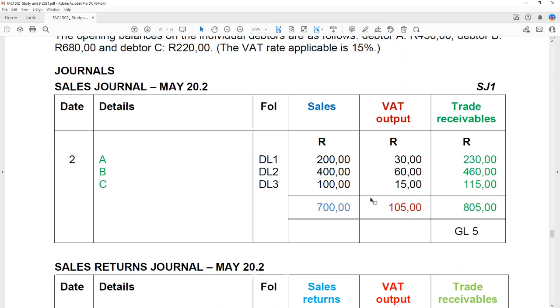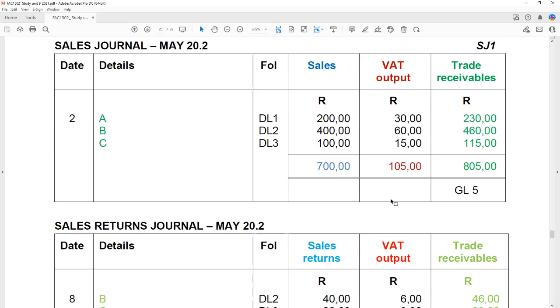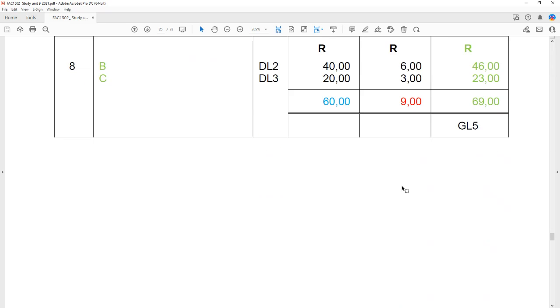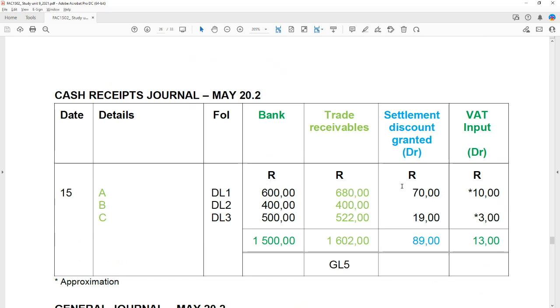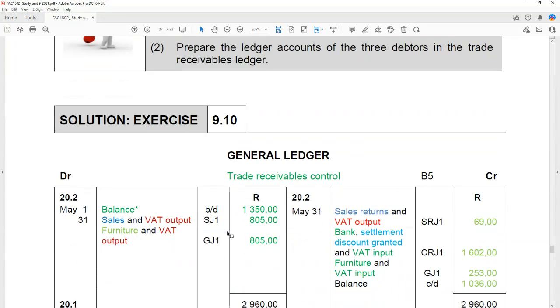This we need to pay over, except if we have that input which we can then deduct from this. The VAT output is what we owe to SARS, and the VAT input is what we can recover or claim from SARS.